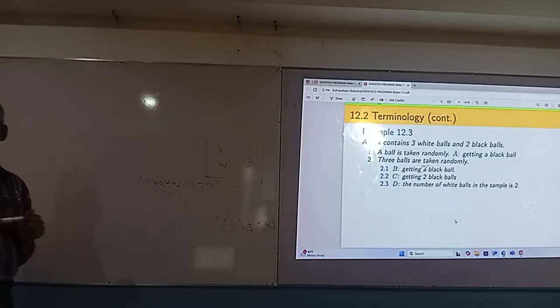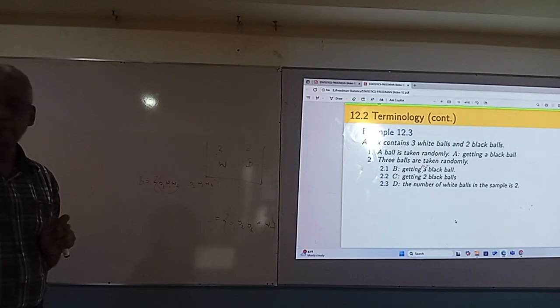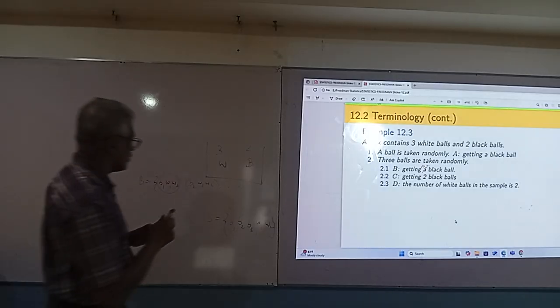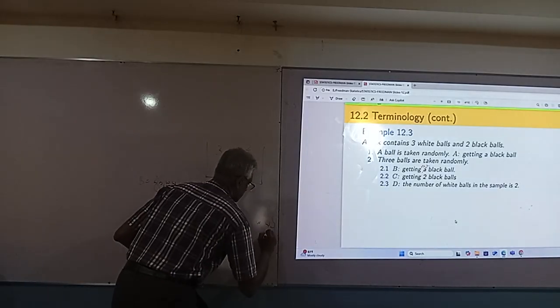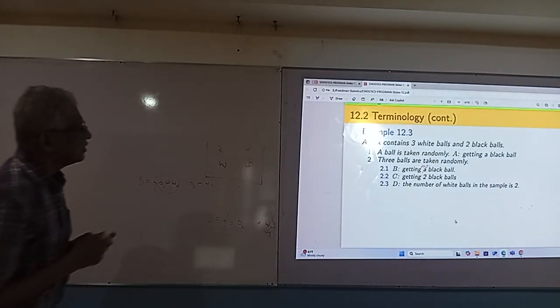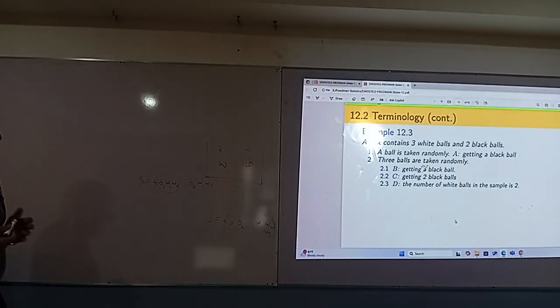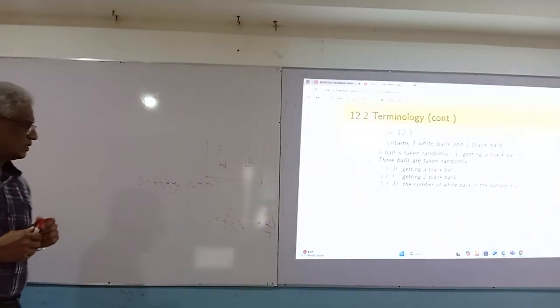So the sample space should be B1, B2 and W1, W2, W3, because there are... Sorry? 3 white balls. I didn't understand. There are 3 white balls. You have to mix the sample space. 3 white balls. Yes. 2 black balls. So like that you can write down all the possibilities.